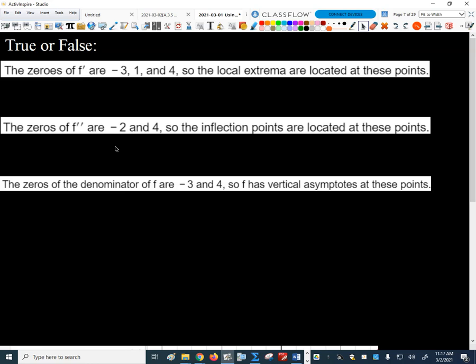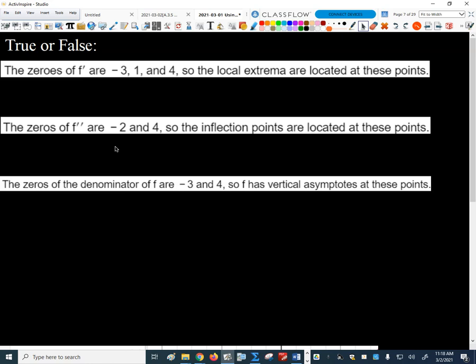Just type in a T or an F for that top one. True or false? Everybody weigh in on that. If the zeros of the first derivative are at -3, 1, and 4, are the local extrema located at those points?